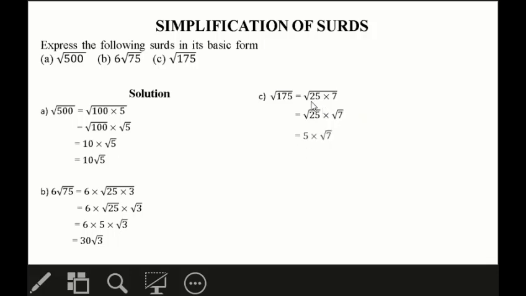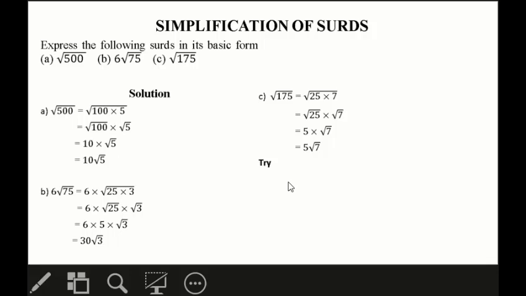Then the root of 25 will give us 5, the root of 7 will give us root 7. We still maintain the exact value for us to maintain the exact expression. Then 5 times root 7 will give us 5 root 7. Good.